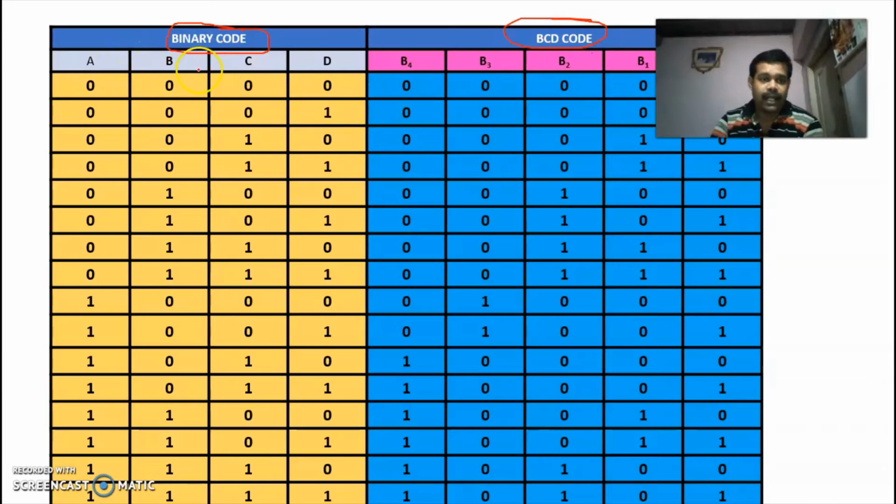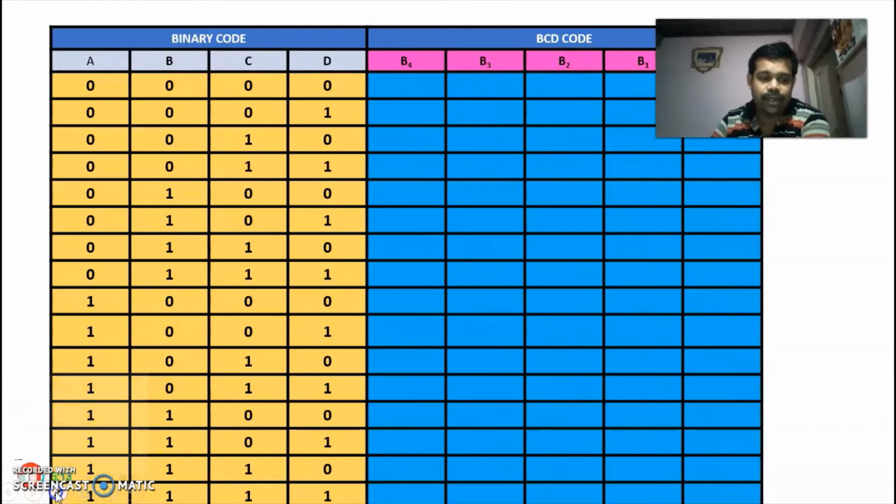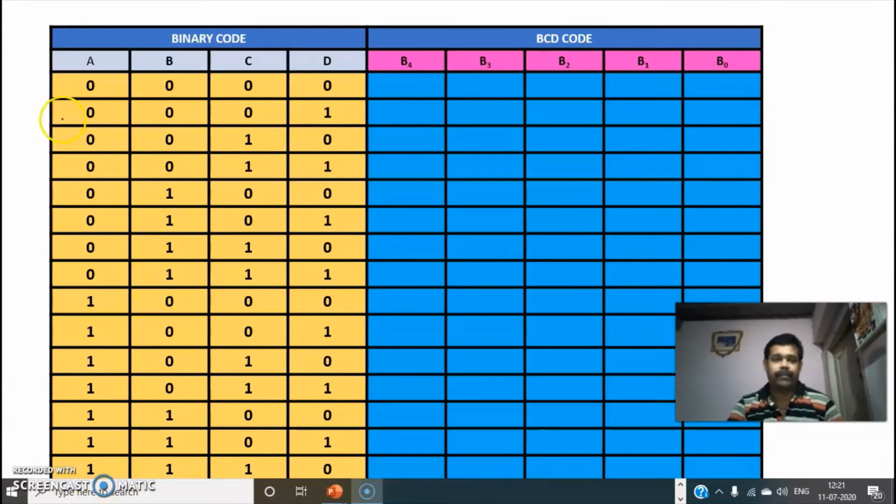For binary, we have used the variables A, B, C, and D. Then we start writing from 0 to 15 using the 8421 code: 0000, 0001, 0010, and so on.